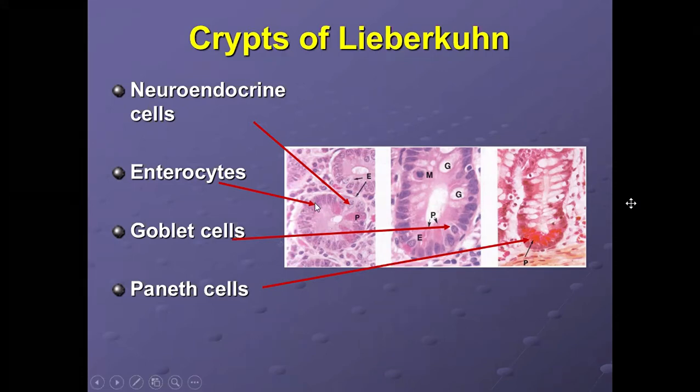Enterocytes, long or columnar. Goblet cells, white and round, so that would be your goblet cells, secreting mucus. And then your Paneth cells. You see there, red. These are some of the cells that would be in the practical.